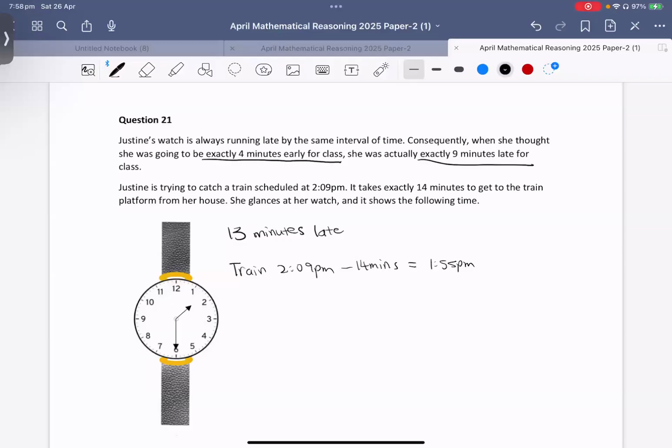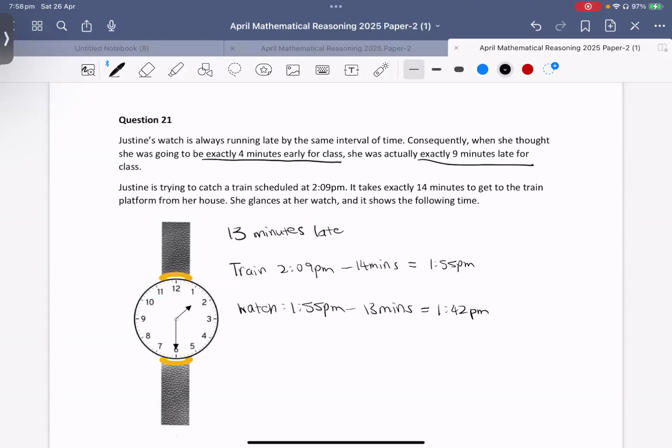And that means that normally, if her watch was working normally, we would leave at 1:55. But again, her watch isn't working. It's 13 minutes late. So according to her watch, we actually need to leave 13 minutes before what her watch actually says, which means we need to leave at 1:42 according to her broken watch's time.